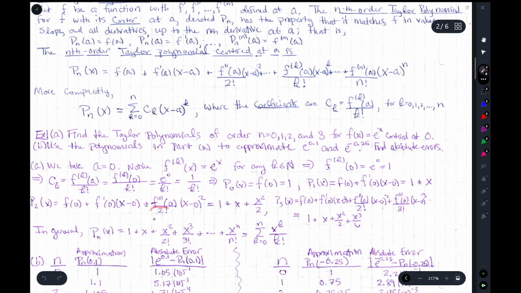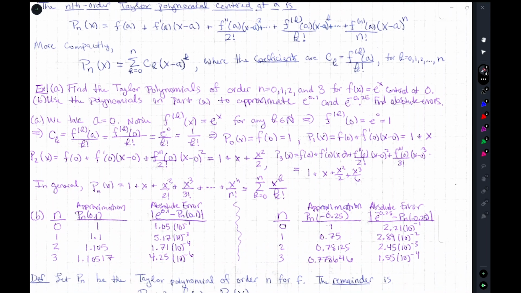Continuing on, now this 2 factorial shows up, and we have the x squared, and continuing on, we'll have that. That's the third degree Taylor polynomial centered at 0 for the function e raised to the power x. In general, if we took the nth degree, we would have this formula here, and we stop at n.